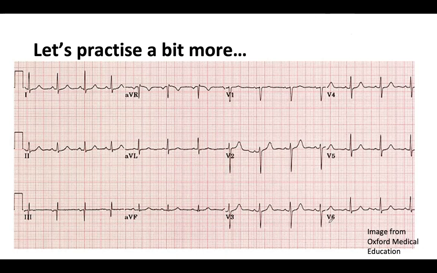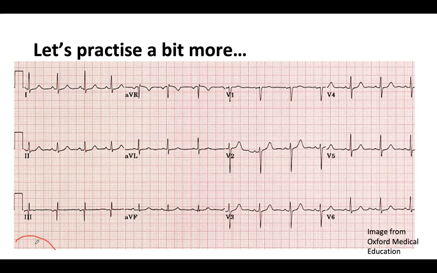We don't have a rhythm strip here, so we have to use the number of large complexes. So I go to lead 2. 1, 2. Okay, so starting systematically, I've already made a mistake. I need the patient's name, date of birth, time of ECG, a bit of background history, but we don't have any of that. The paper speed should be here at the bottom as well.